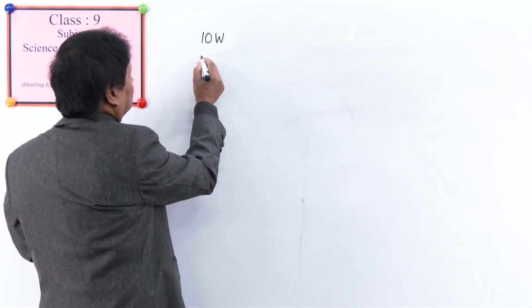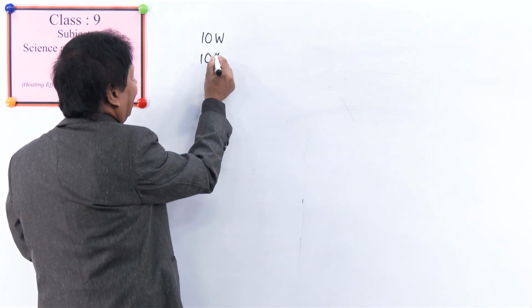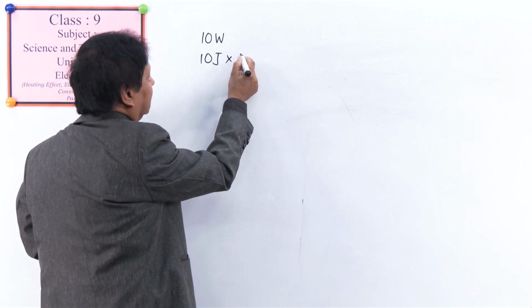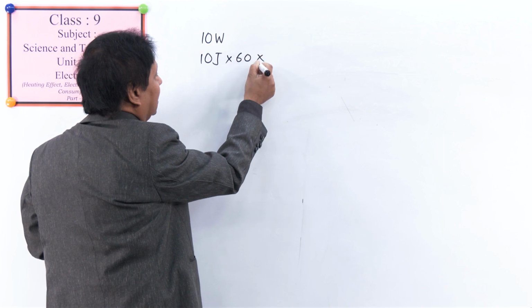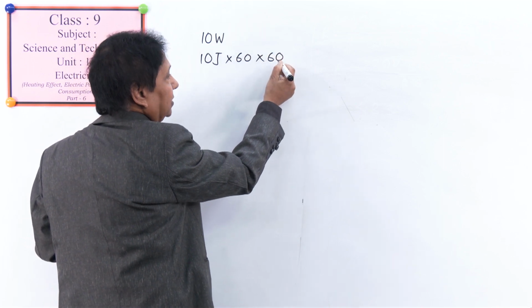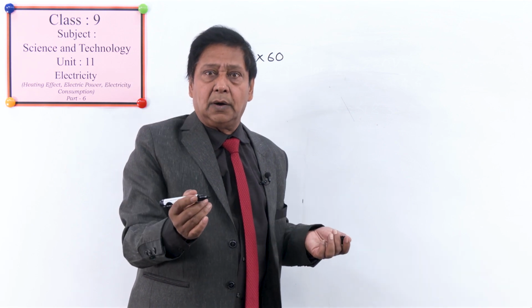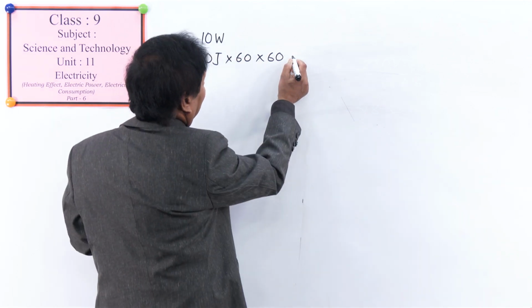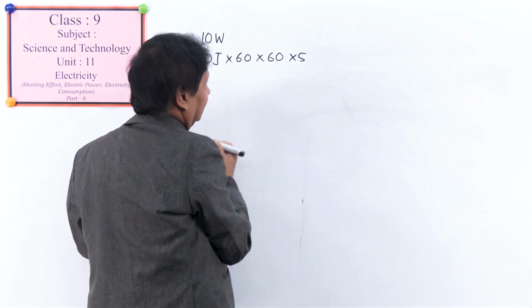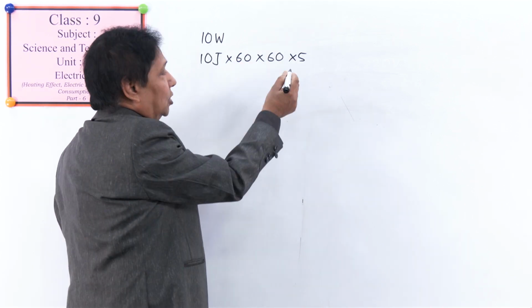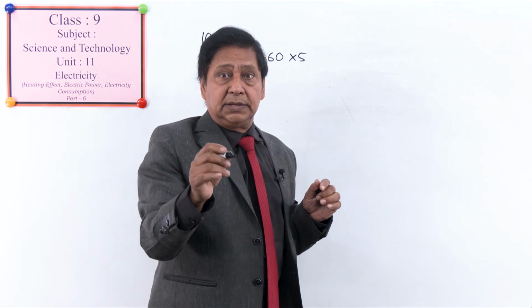It converts 10 joule of electrical energy into light energy in every 1 second. In 1 minute, multiply by 60. In 1 hour, multiply by 60. And in a day, certainly we'll use it for 4 or 5 hours. Let's say we are using it for 5 hours daily. Then in 5 hours, this amount of energy will be consumed if it is measured in joule.